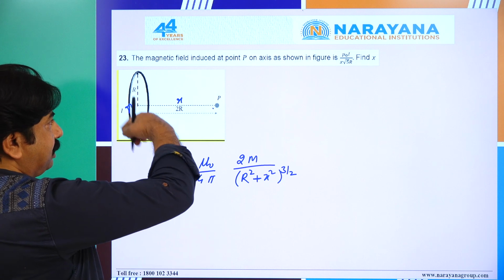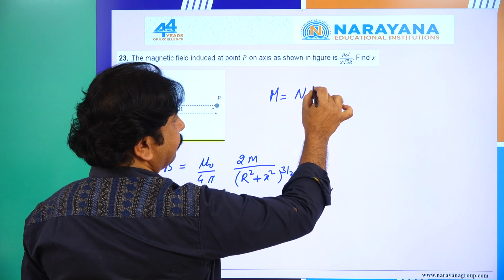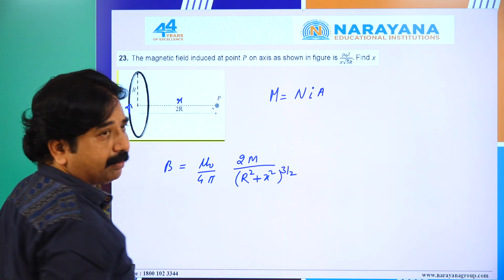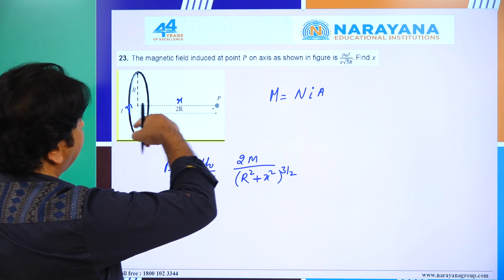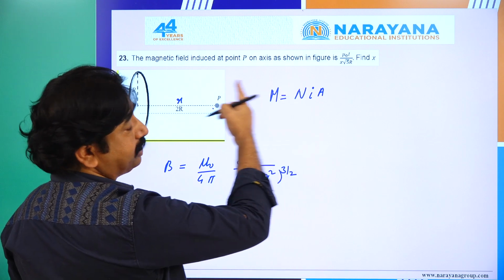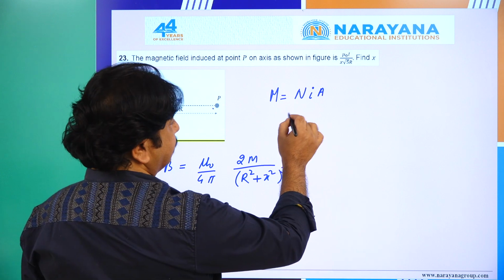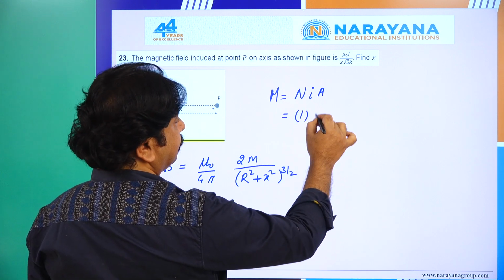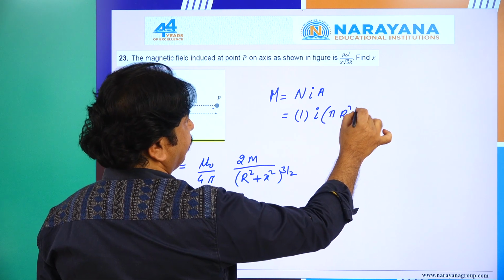What is the magnetic moment of this coil? M is equal to NIA, where N is the total number of turns, I is the current and A is the area. But here only a single turn we are observing, and no information is given regarding the total number of turns. That's why we consider only a single turn, with current I and area pi r square.